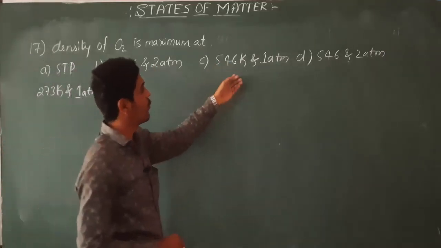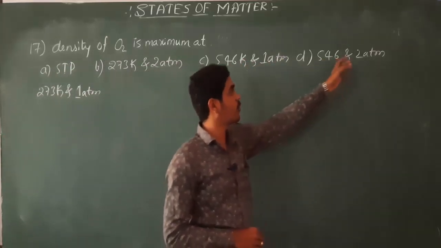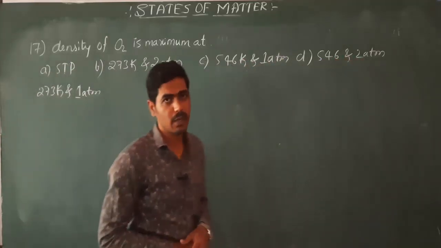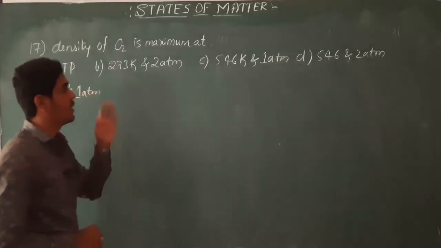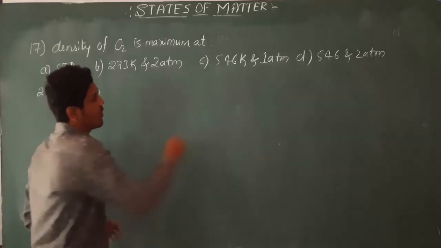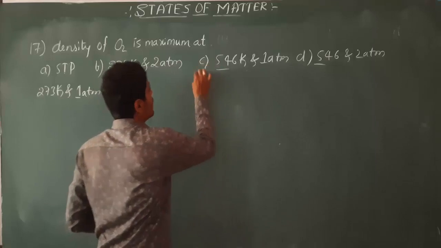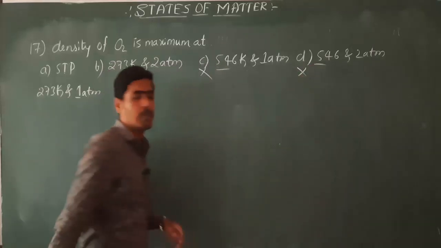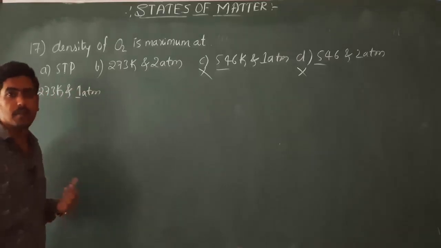Option C, 546 Kelvin and 1 atmospheric pressure. Option D, 546 Kelvin and 2 atmospheric pressure. As I have already told you, there should be low temperature. Here this one is 546 and this one is also 546. So these two are not possible to show the oxygen's density maximum.